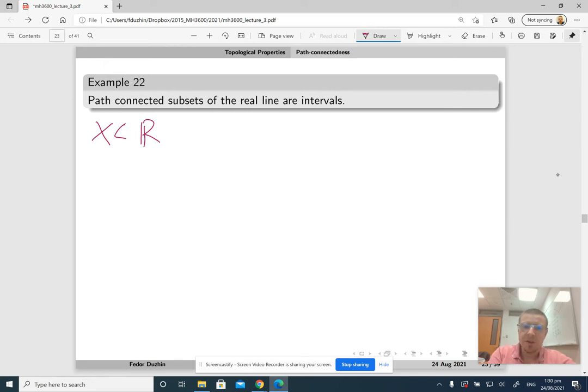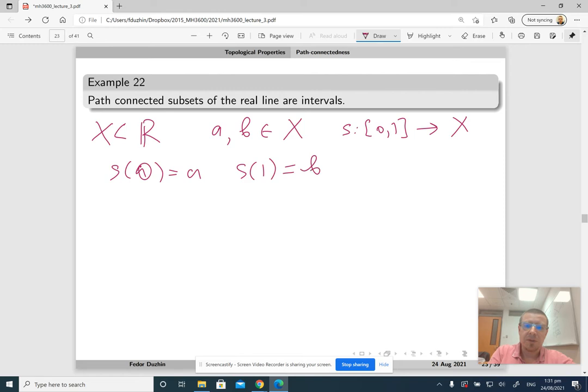Suppose that 2 points a and b belong to X. It means that there exists a function s from [0,1] to X, such that s of 0 is a and s of 1 is b. Now consider any point between a and b, so let's say u is between a and b.